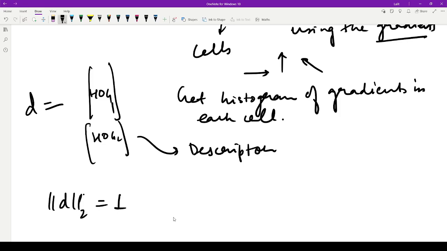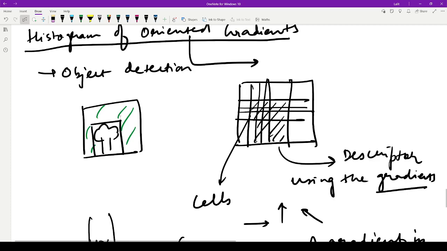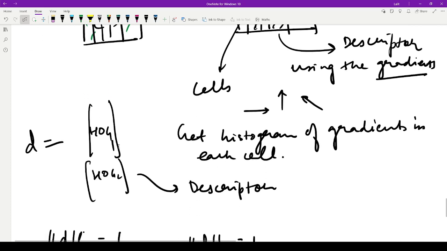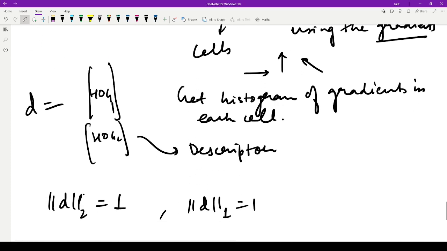The unit Euclidean norm should be one. You can also take the L1 norm to be one, or some other normalization factors that you can take care of. So this makes sure that even if you have taken it in broad daylight or at night, the descriptors are almost the same.